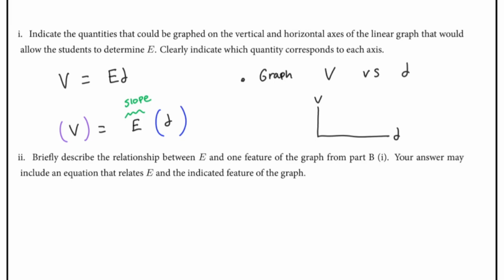Although corresponds to each axis, if you say V versus D, everybody knows what that means. So if you said V versus D or something else that works like this, that gets you B1.